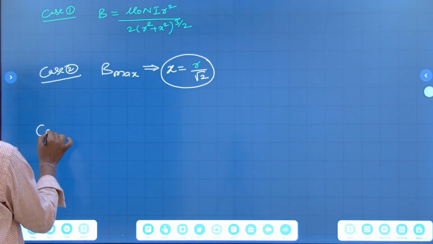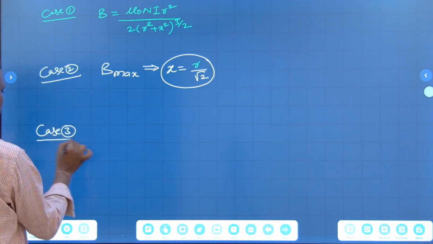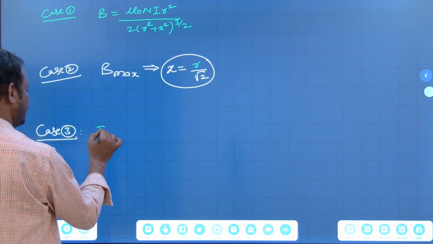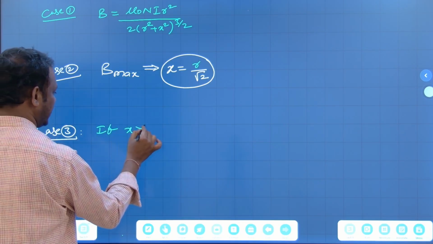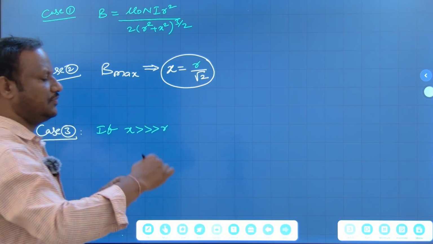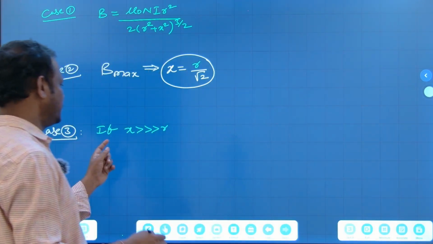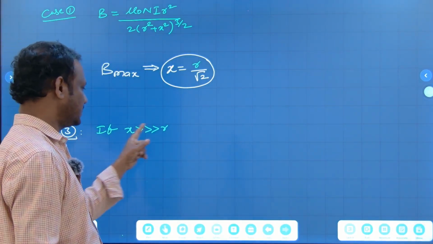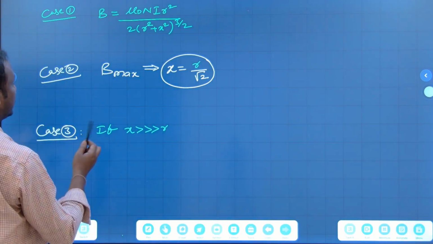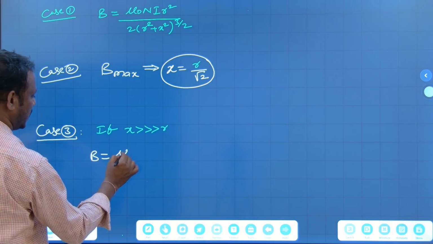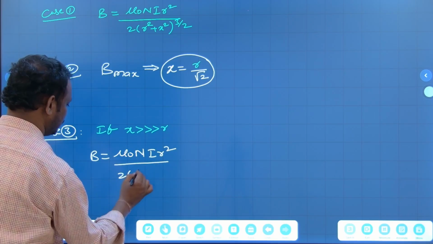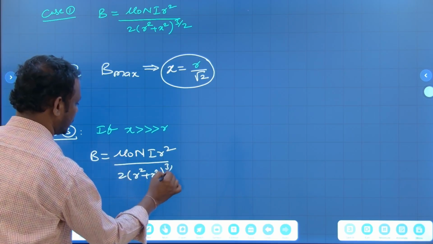Next, case 3. These cases are very important, so be careful. For example, this is the coil. If X is very much greater than R, for a long distance, R is very small as compared with the distance X. So from that case, B is equal to mu naught N I R square by 2 into R square plus X square whole power 3 by 2.